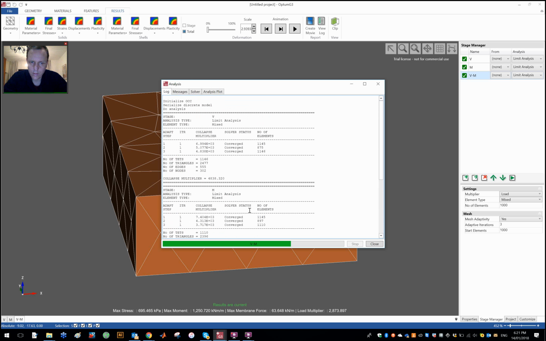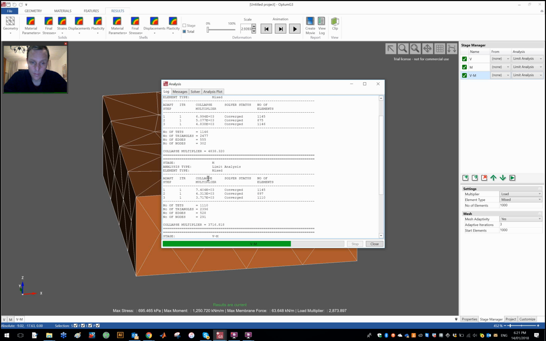So that is how it went. A vertical load of 4,838, so 4.8 meganewtons.